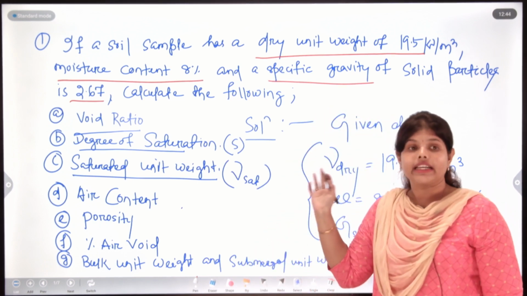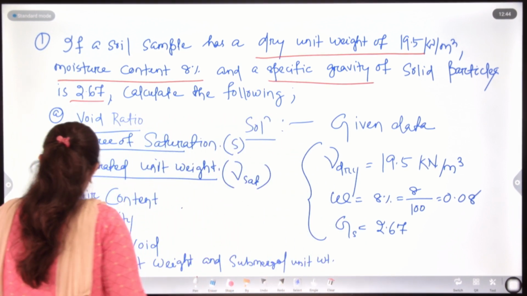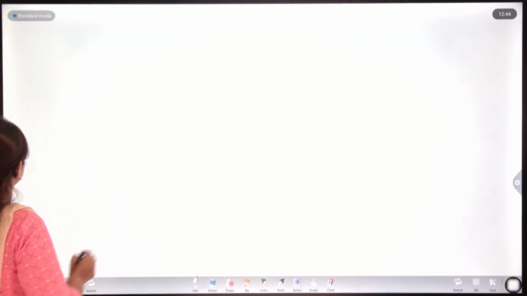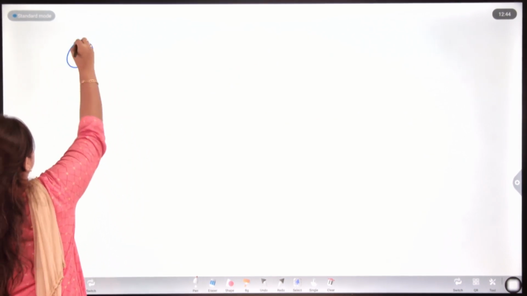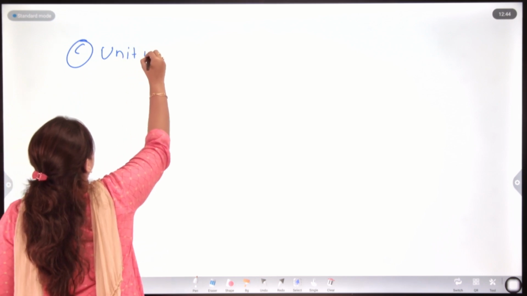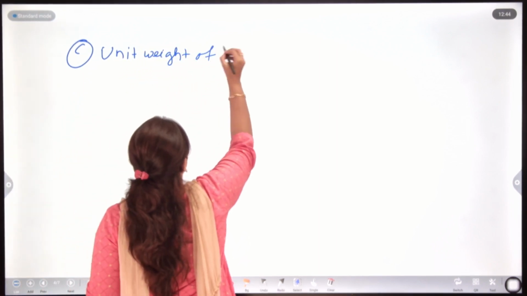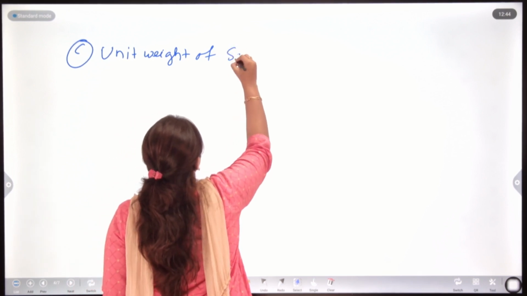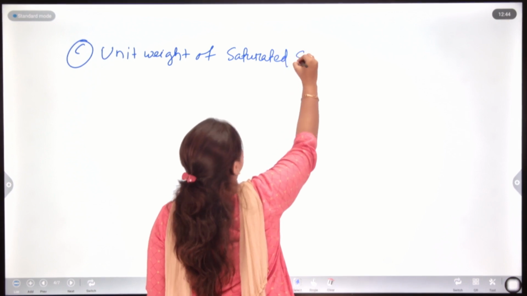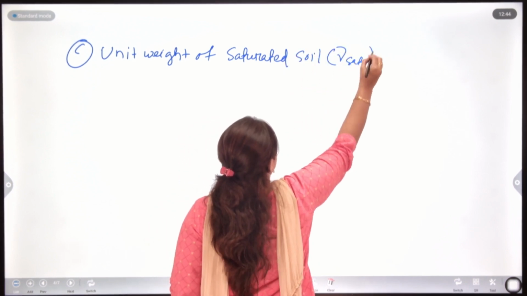So, we take S as 1. Gamma saturated will be the unit weight of saturated soil, denoted by gamma sat.